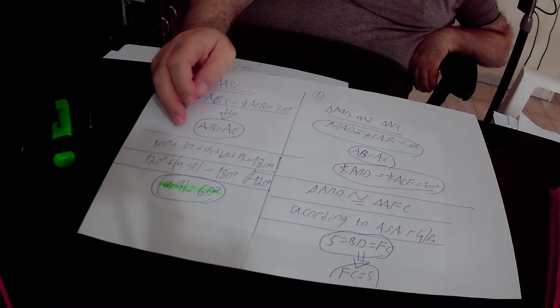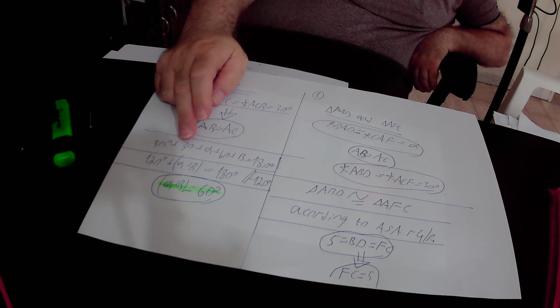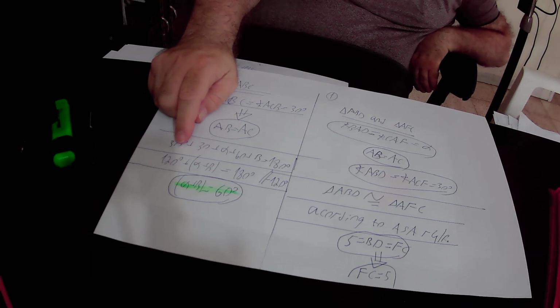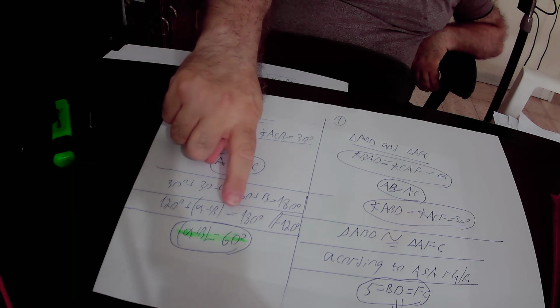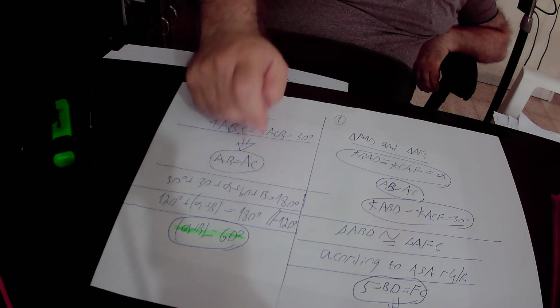So 120 degrees plus alpha plus beta equals 180 degrees. We subtracted 120 degrees and found that alpha plus beta equals 60 degrees, because 180 degrees minus 120 degrees is 60 degrees.